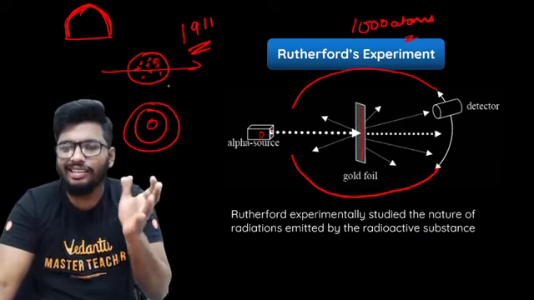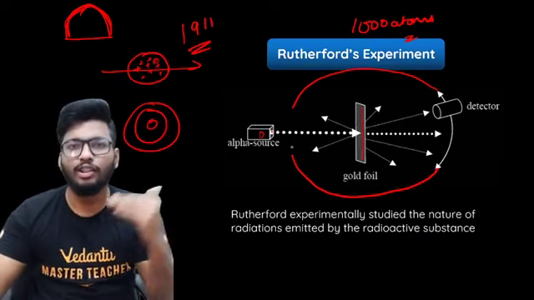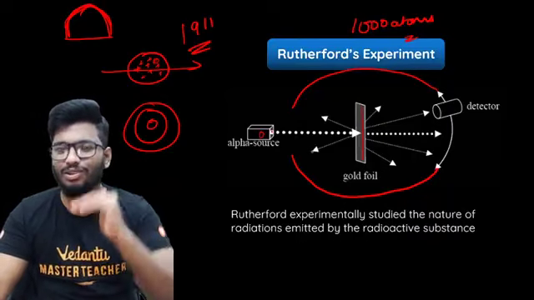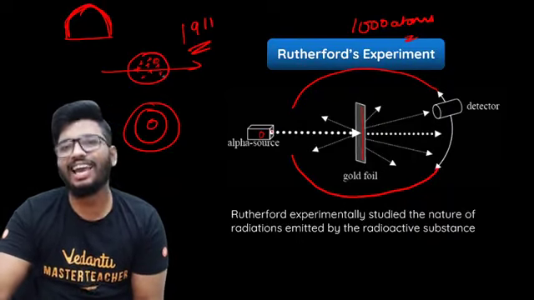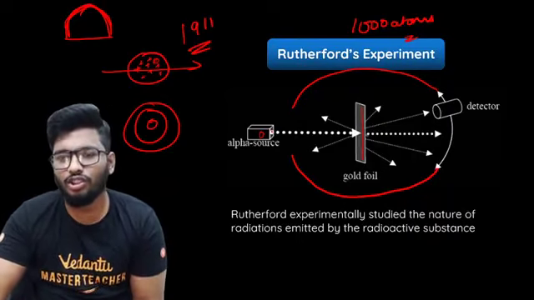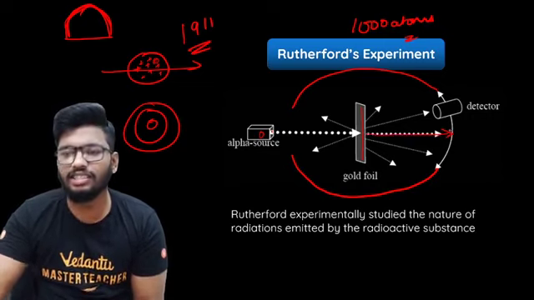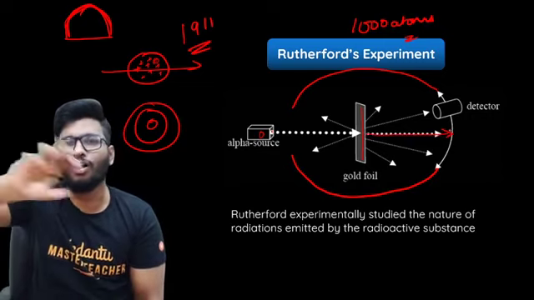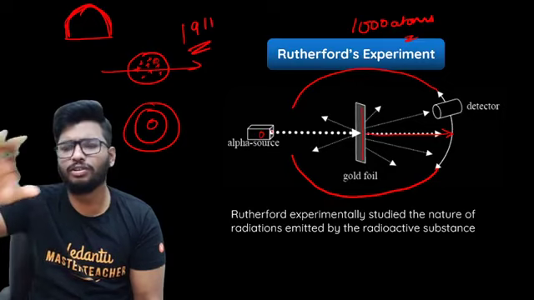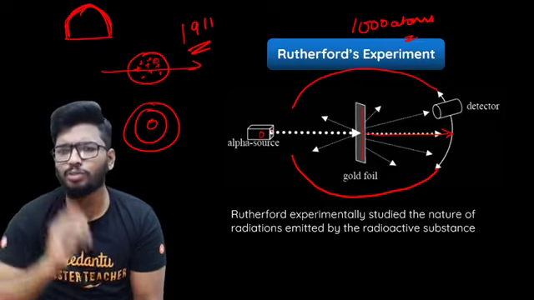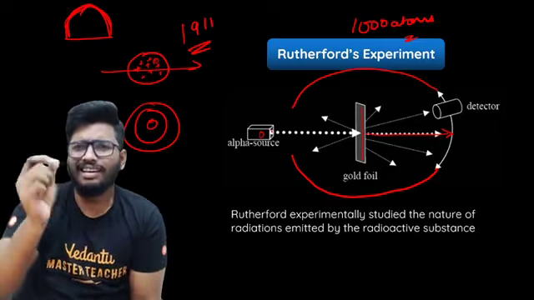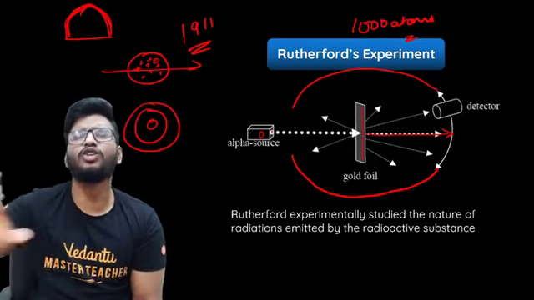So what they expected was that when you pass the alpha rays through this gold sheet, because the alpha particles are much heavier, they should pass straight through and reach the detector, and all the rays should be detected from that particular spot itself. Maybe there might be a little deviation, that was accepted, but not too much.